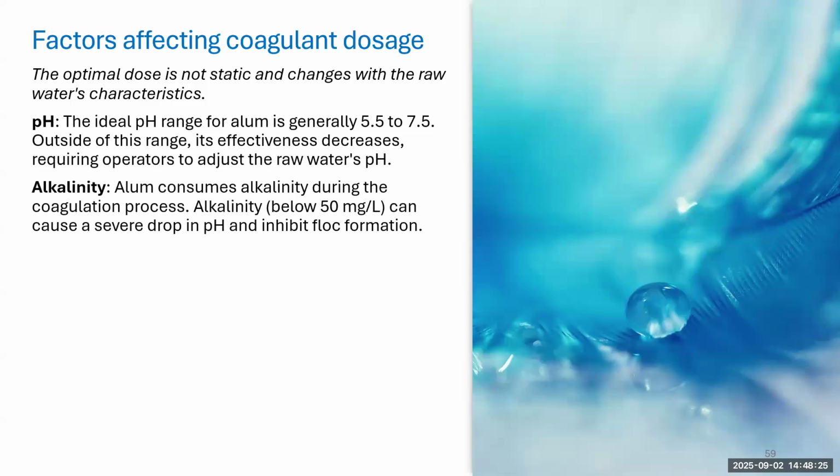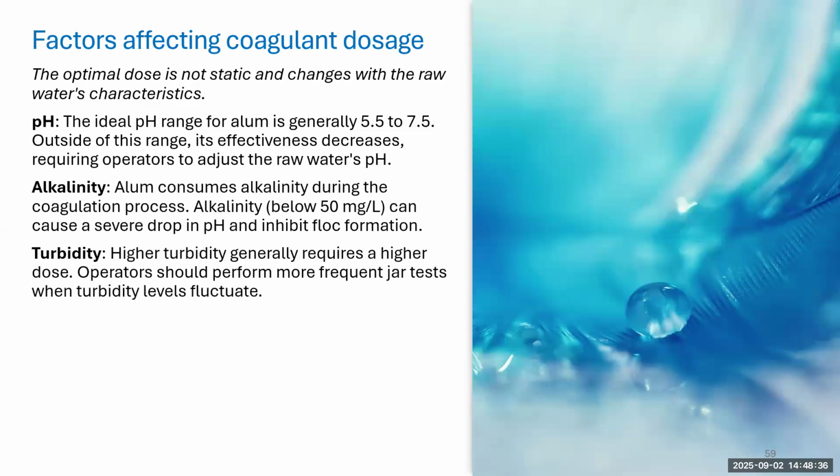We also saw that alkalinity is consumed with alum and other coagulants. And we want to make sure there's enough alkalinity in the water so that we don't have a pH drop during coagulation. Basically, higher turbidity generally requires a higher dose of coagulant, but combining it with polymers might reduce that need.